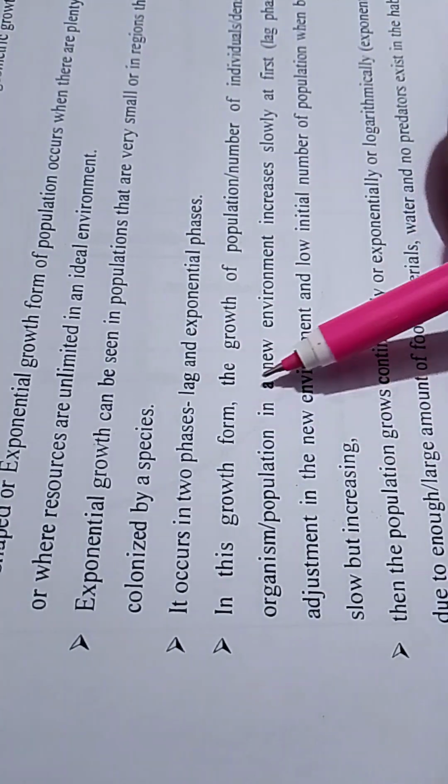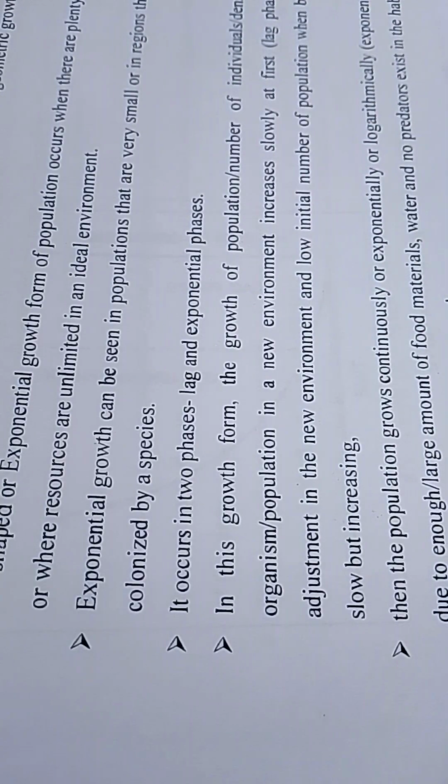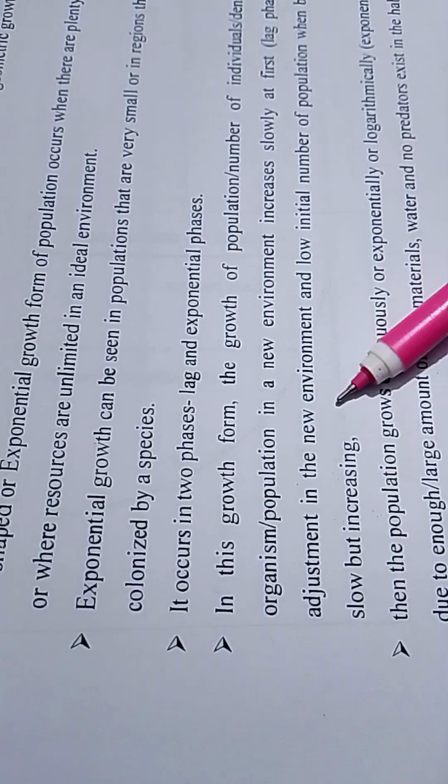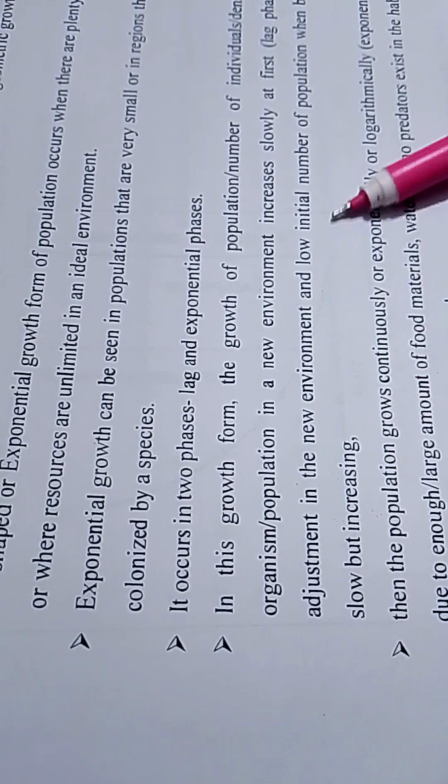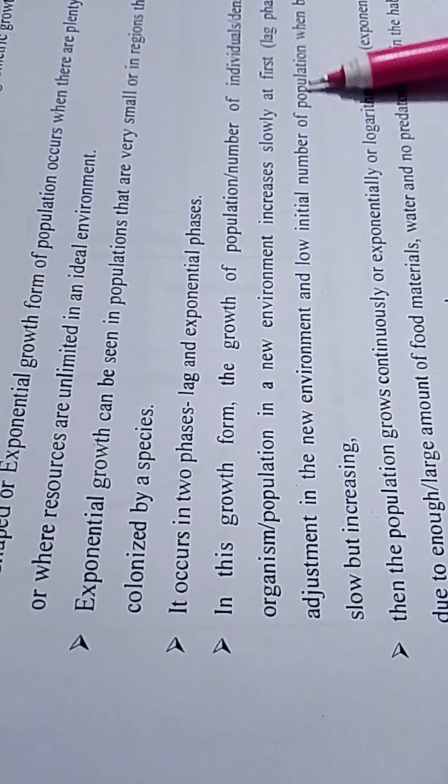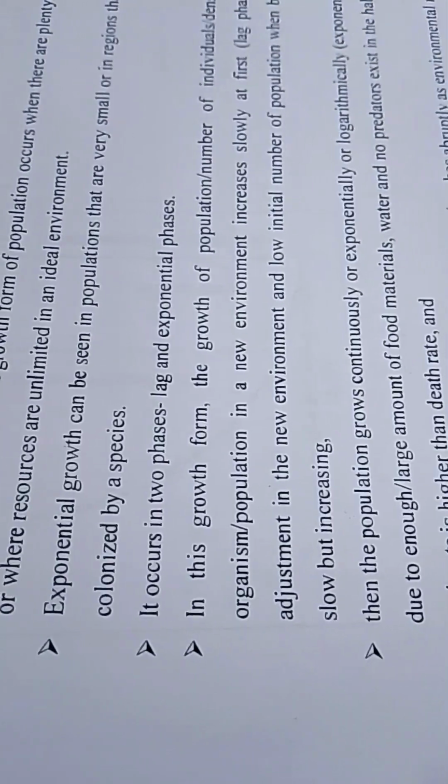In this growth form, the growth of population, number of individuals, density of an organism population in a new environment increases slowly at first, or lag phase, due to adjustment in the new environment, and low initial number of population when birth rate is slow but increasing.